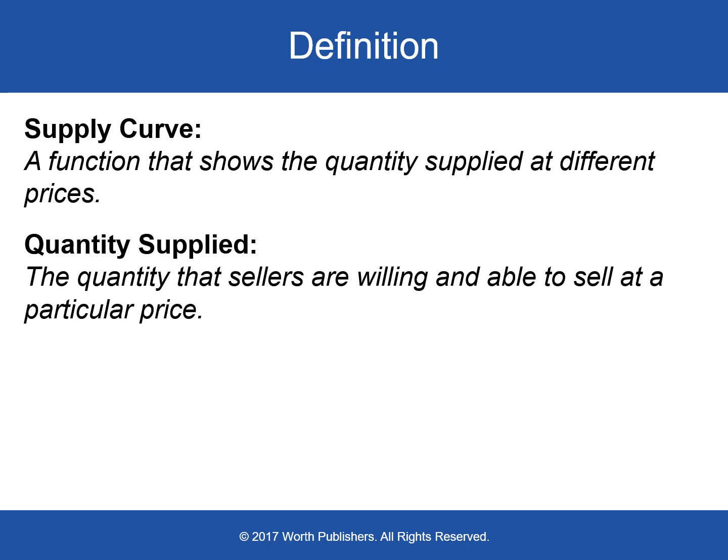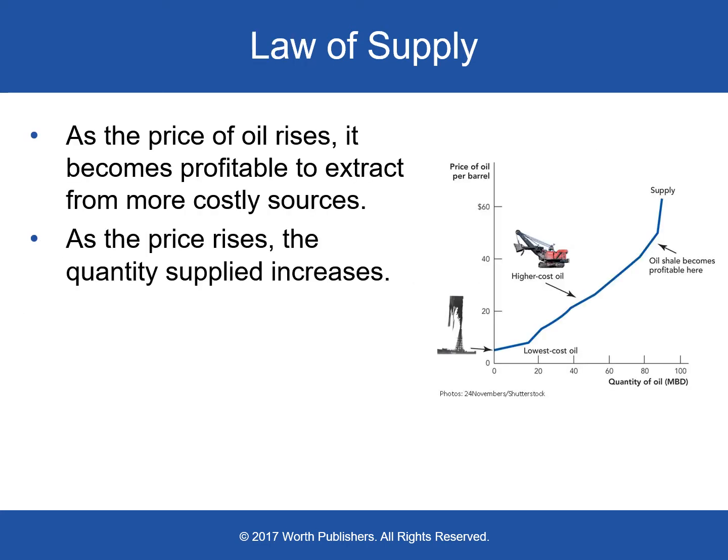So the supply curve is a function that shows the quantity supplied at different prices. And quantity supplied is the quantity that sellers are willing and able to sell at a particular price. And of course, quantity supplied is basically determined by, at minimum, you have to be covering the seller's cost of production. So here's a little diagram in the case of the oil market showing the so-called law of supply.